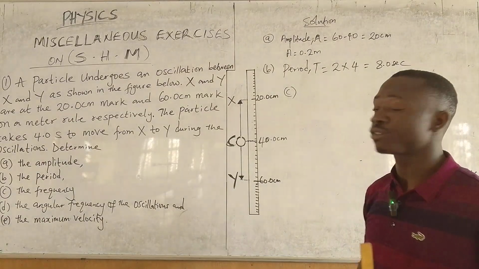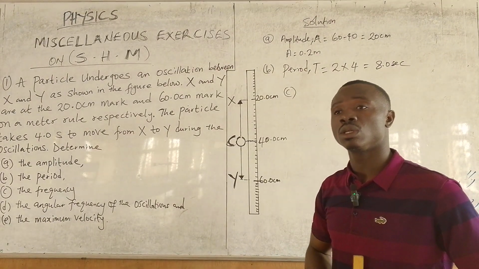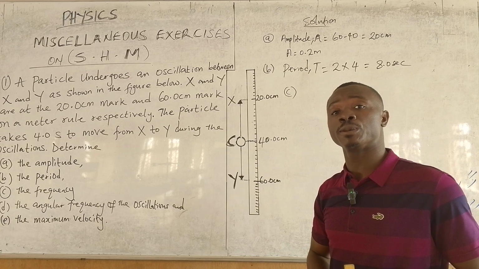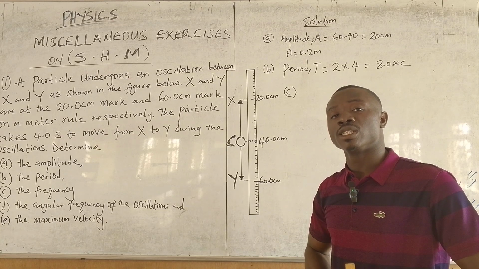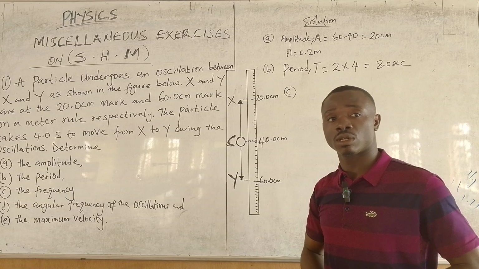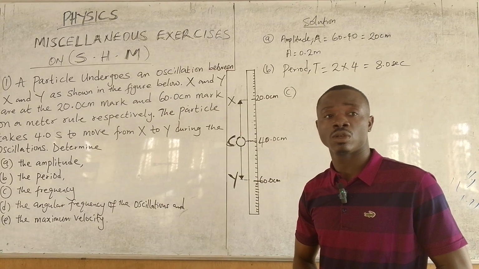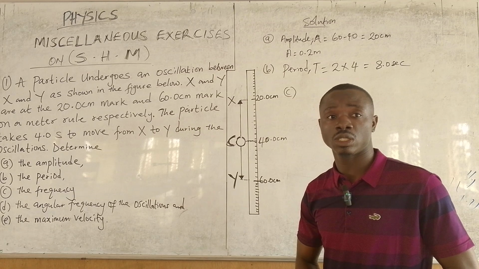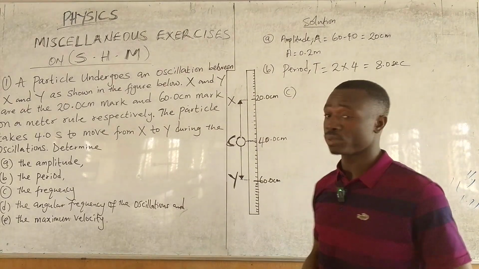C. We are asked to find the frequency of oscillation. Frequency. Then what is the definition of frequency again? You should be able to define that, please, by now. Frequency of oscillation can be defined as the number of oscillations completed in 1 second, which is the reciprocal of period.